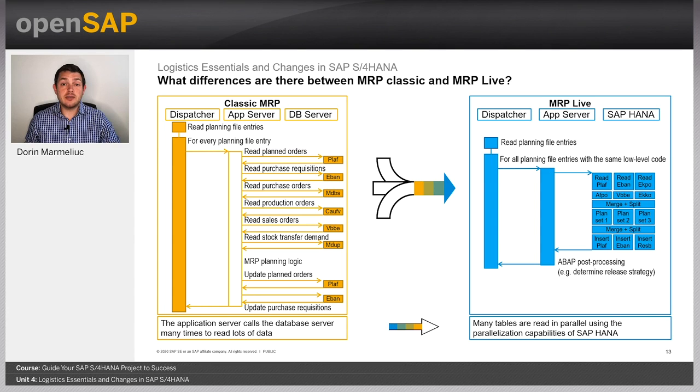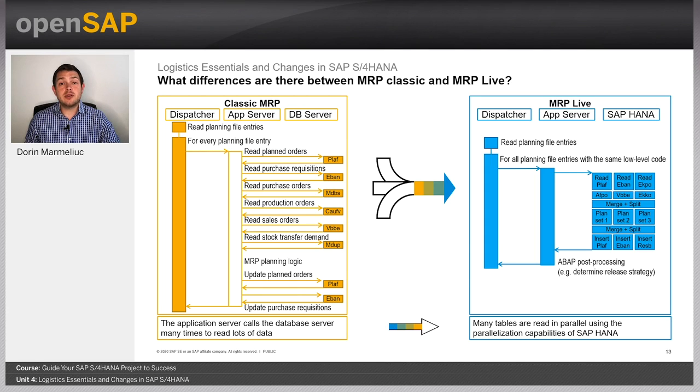In MRP Live, many tables are read in parallel using the parallelization capabilities of the SAP HANA database. The data is not transferred back to the application server, but used to compute material shortages directly in the database server. That translates into speed that increases efficiency.